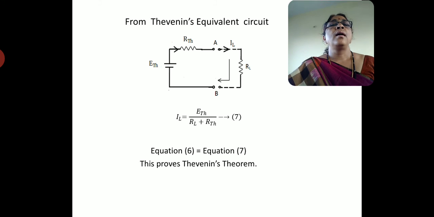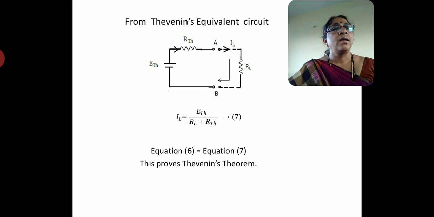Then, from the Thevenin's equivalent circuit, in figure 1 we have drawn the equivalent circuit, and as RTH and RL are in series, the total resistance here is RTH plus RL. Therefore, the load current IL is equal to the Thevenin's voltage ETH divided by RL plus RTH, which exactly matches equation 6.